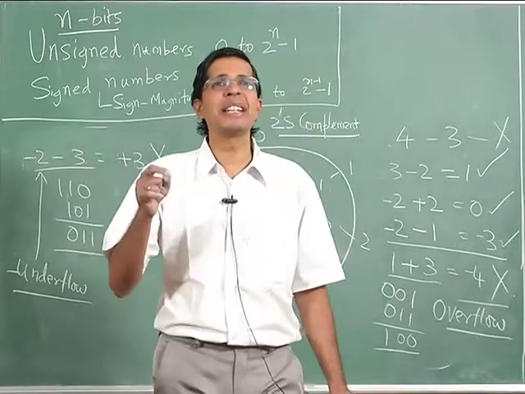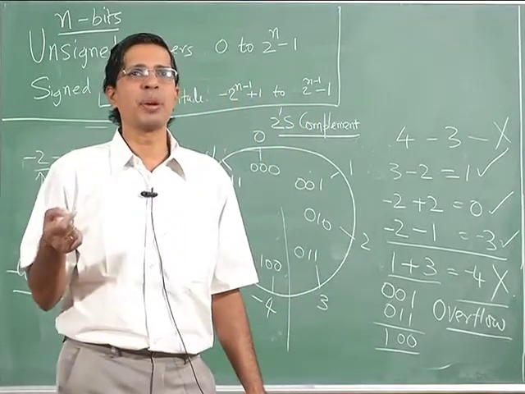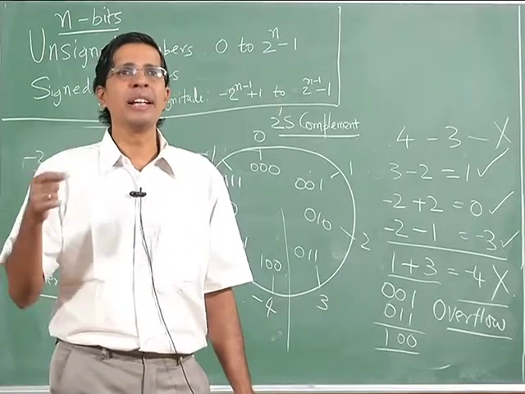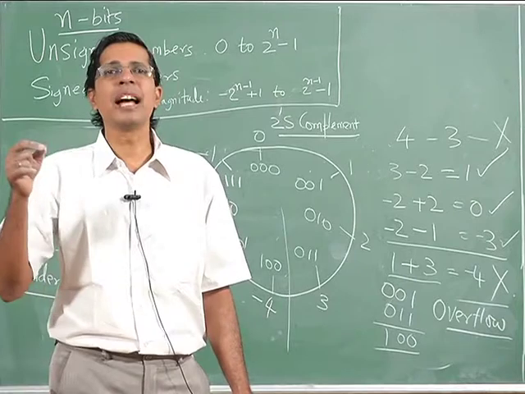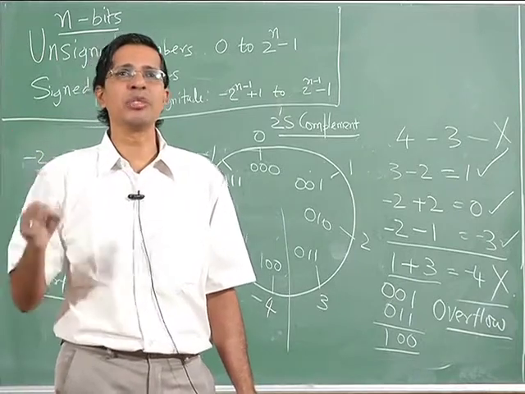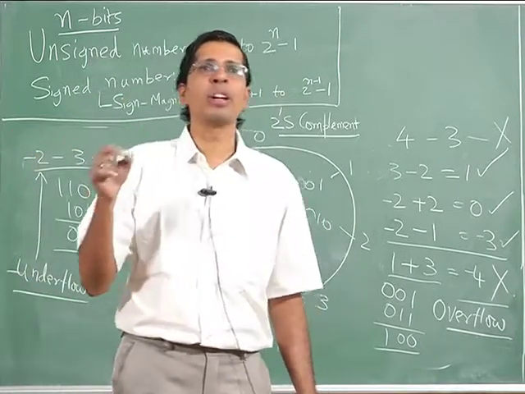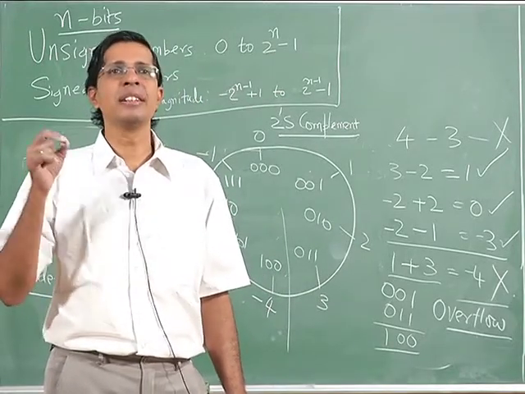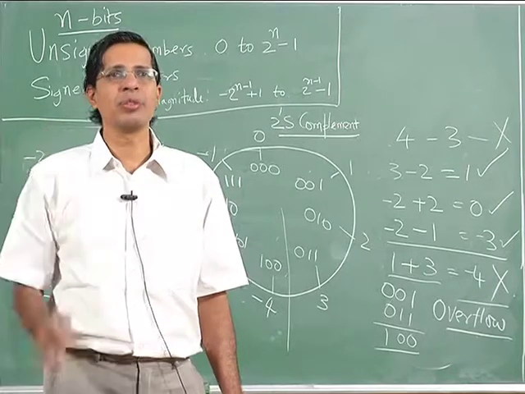If it has, that means your arithmetic is wrong. So the program has to take some remedial measures or come out and indicate to the user that something has gone wrong in the arithmetic. So this is very important. Whenever we model an arithmetic operation, it is very important that we detect the overflow or underflow.